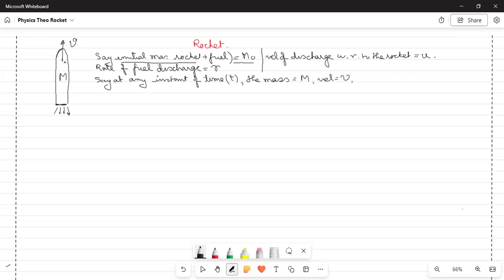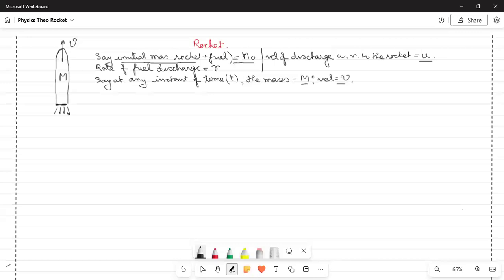Now, during its upward motion at any instant, its velocity is v and mass m. And the discharge velocity is u.